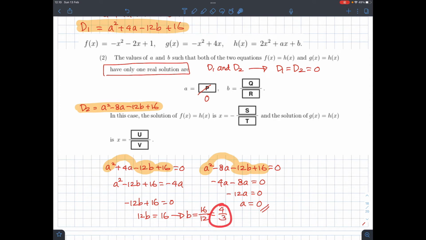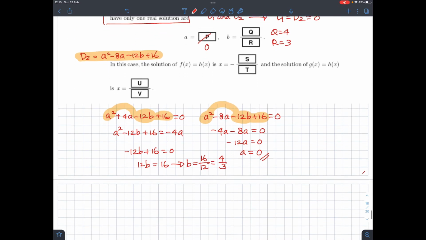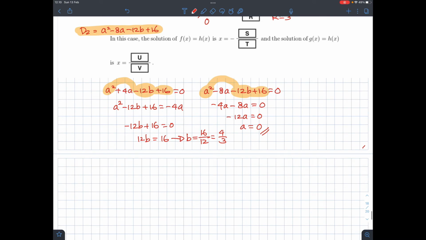So you put it here, and you get the value of q is 4 and the value of r equals 3. Okay, let's continue. In this case, after we got the value of a and b, they ask to find the value of x, for this section and for this one.